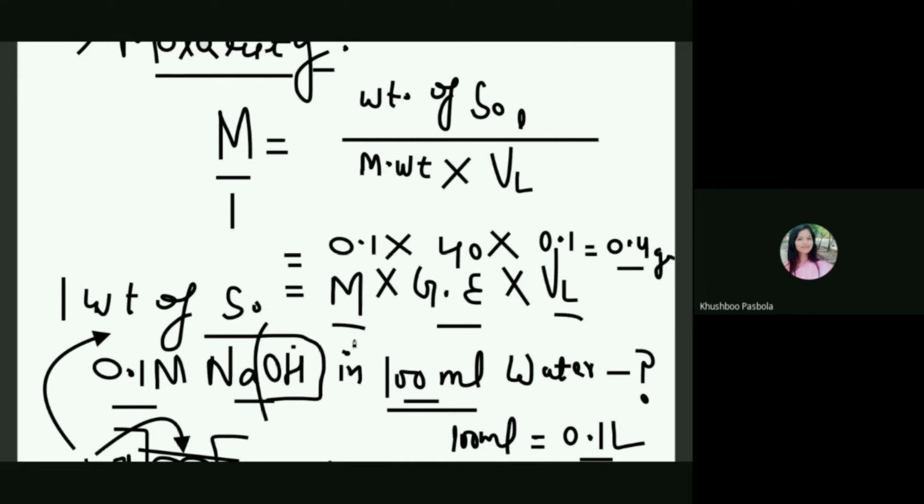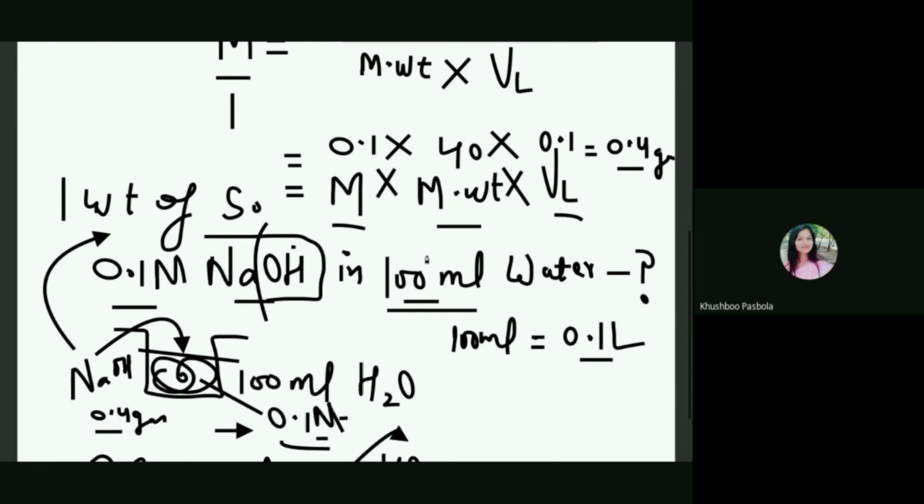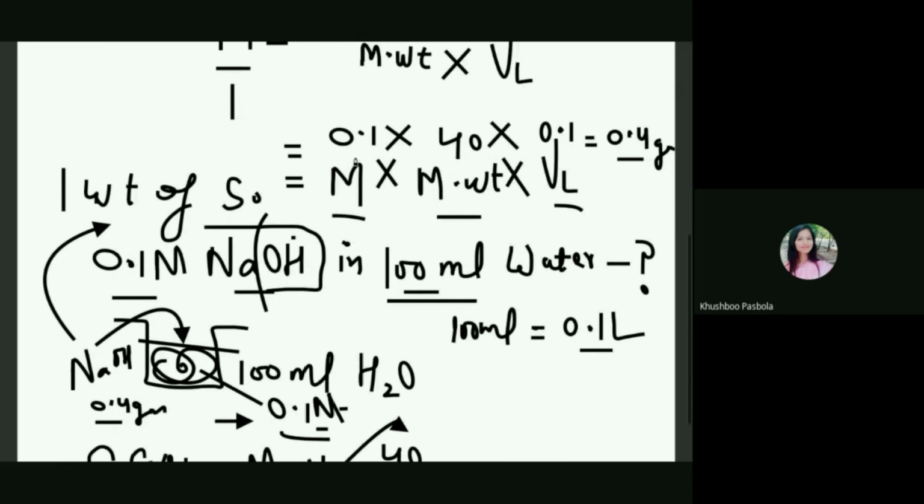Weight of solute is equal to molarity into molecular weight into volume in liter, because gram equivalent weight is not there in molarity. Here you have to take molecular weight. So in place of molarity, write down 0.1.